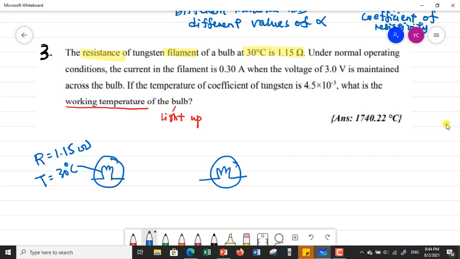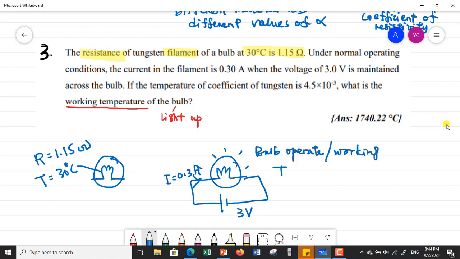When the bulb is working, it lights up. Bila dia menyala, dia mesti sambung kepada voltage. So we connect it to a voltage of 3 volt, and current will flow. The current that flows is 0.3. And at that time the light bulb is operating or working.